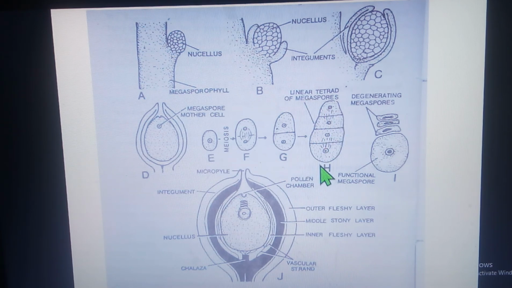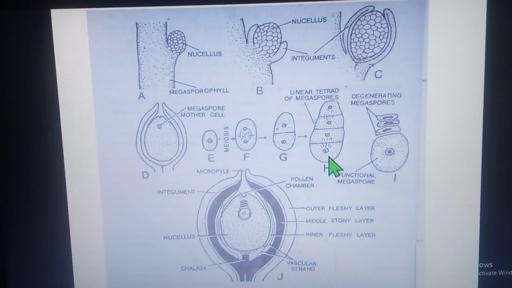You can see this clearly in figure H, where we have a linear tetrad of 4 megaspores. The megaspore mother cell is shown here in figures E to H, where it divides through meiosis to form a linear tetrad.